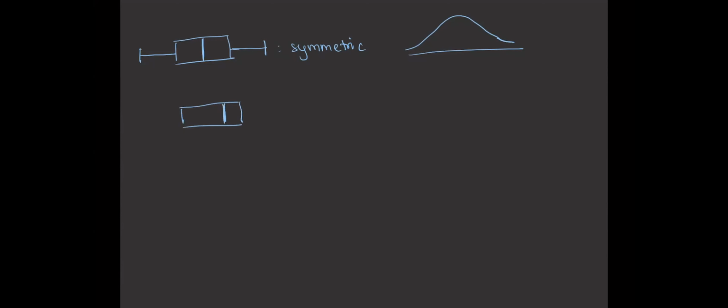If it looks something like this, the median is more to the right, and this distance is longer than this one, which is the distance from this point to the median is more than the distance from the median to this point. And this one is left skewed.